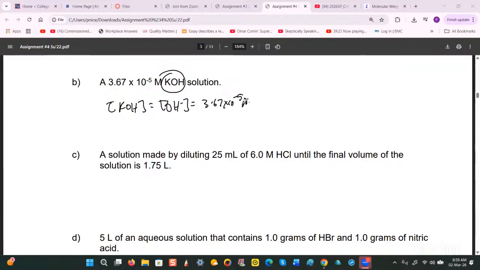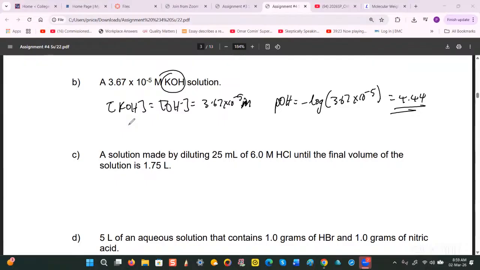So that means we can find the pOH. So the pOH is equal to minus log of 3.67 times 10 to the minus 5, right? And I did that and I got 4.44, right? But the question is not asking for the pOH, it's asking for the pH, right?